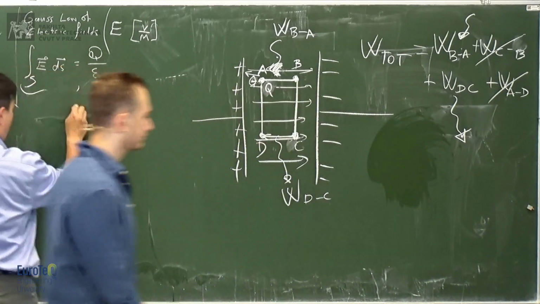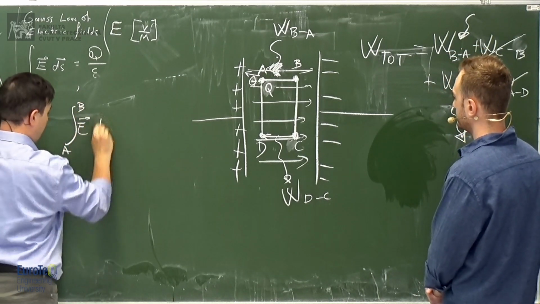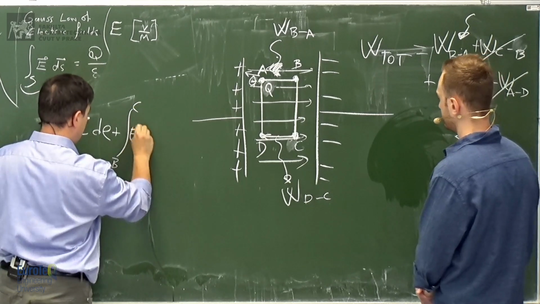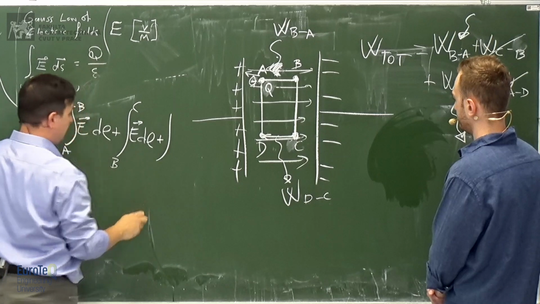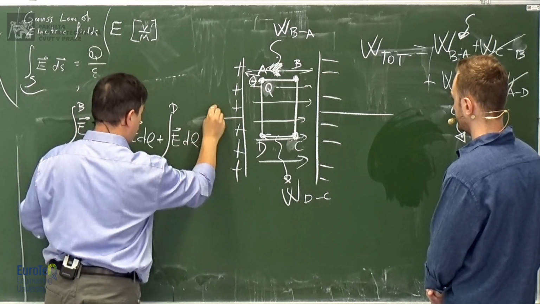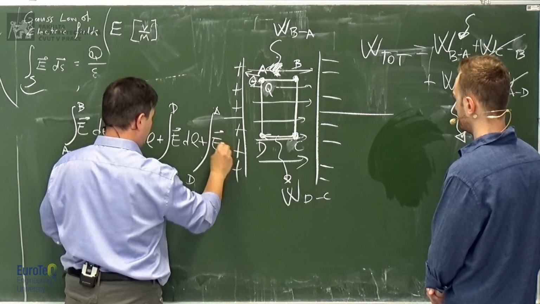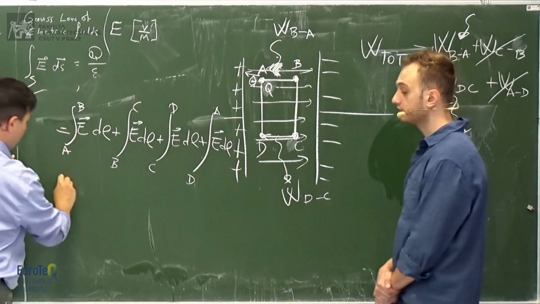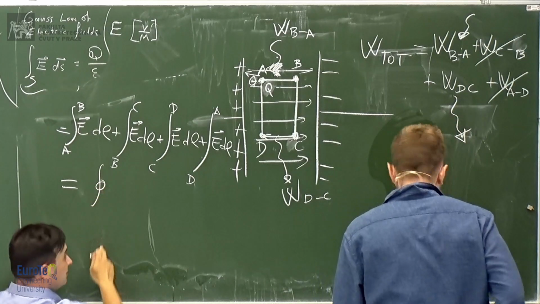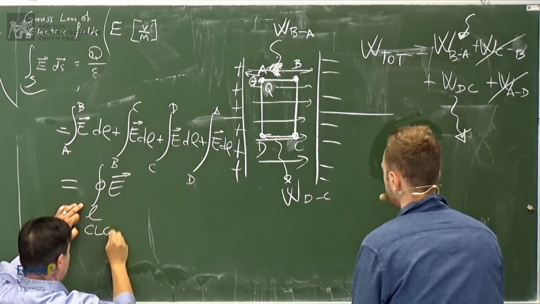So we have the integral over A to B of E dl, plus the integral B to C, plus the integral C to D, and then plus the integral D to A. So we're getting to a line integral, which is the total, the integral of E dl over a closed loop.